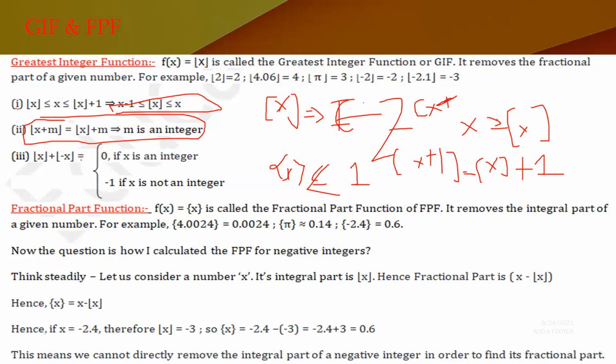And GIF of x plus GIF of minus x is equal to 0. So yeah, for negative numbers, for example minus 2.1, the GIF of it would be minus 3. And this is because the fractional part always has to be positive.